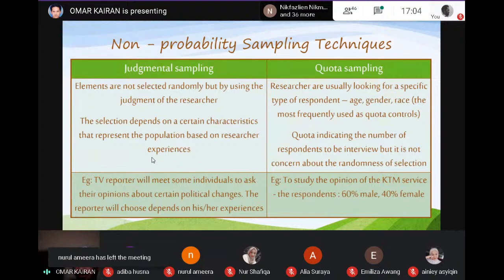If not honest, maybe you can select them as your respondent. It depends on the characteristics you have determined and listed down based on the research, that represent the population based on research experience, meaning our own experience.